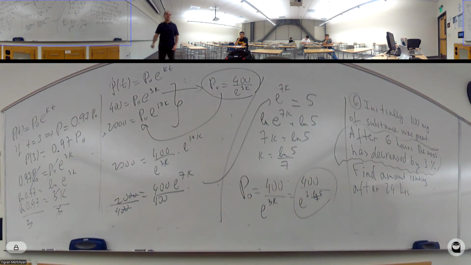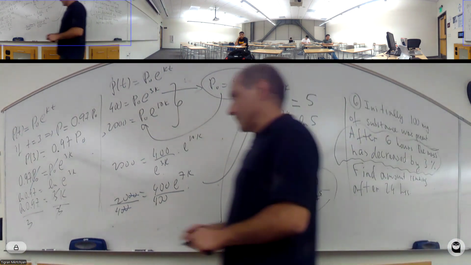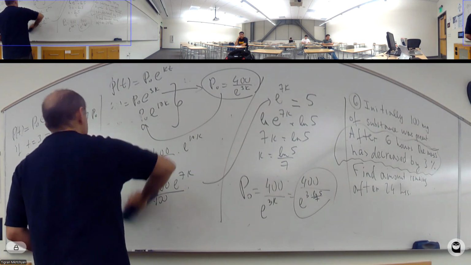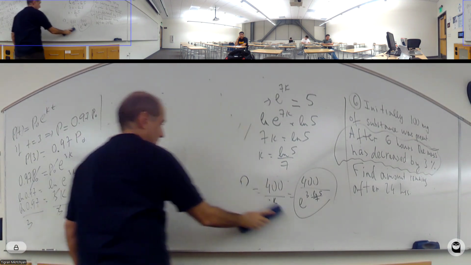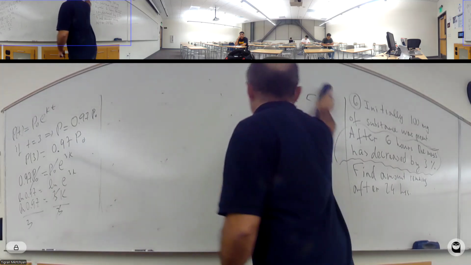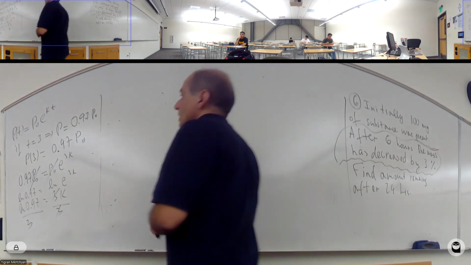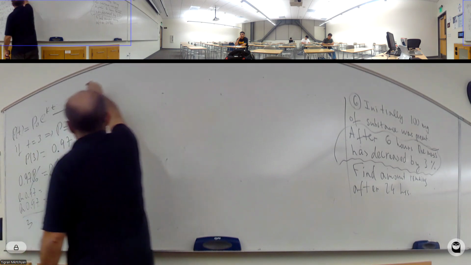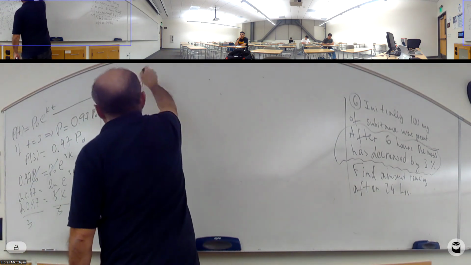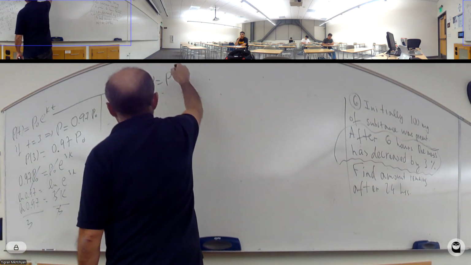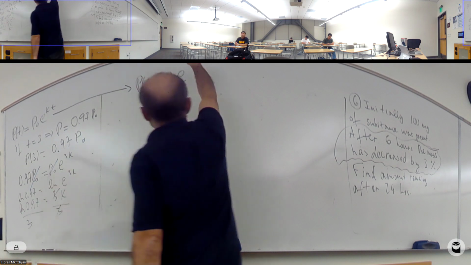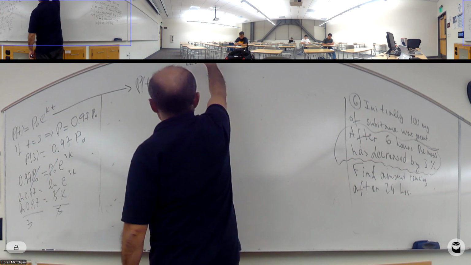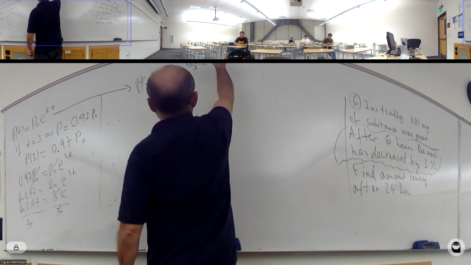So we can rewrite the equation with that k constant. The equation will change to P of t equals P0 e to the decay rate times t.